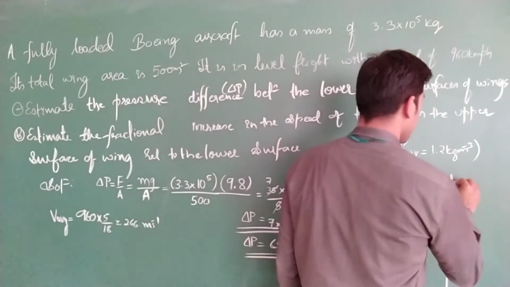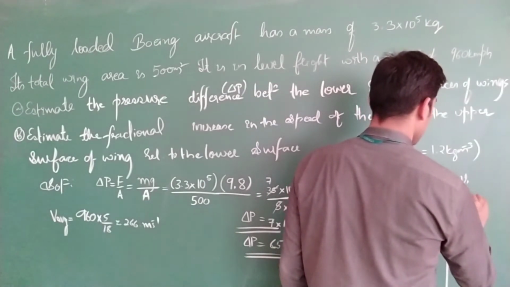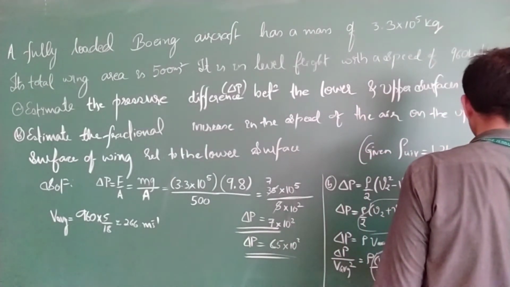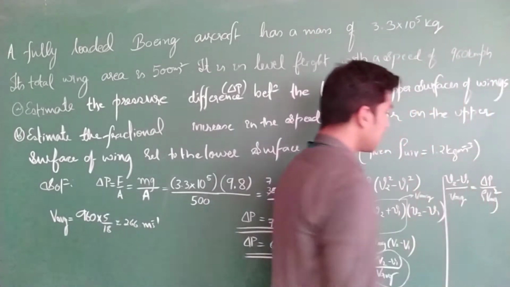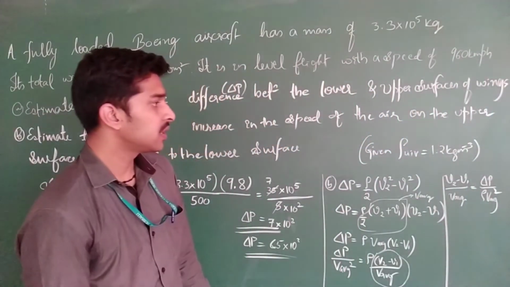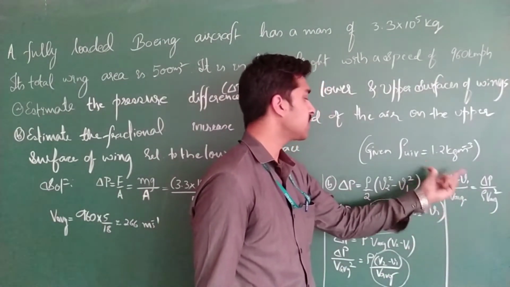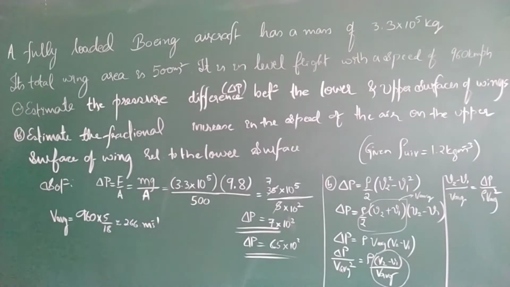V2 minus V1 by V average is equal to delta P by rho into V average square. So the delta P value you got, substitute; rho value, the density of air, is given, and the V average value is 266. If you substitute and cross check, how much are you going to get?